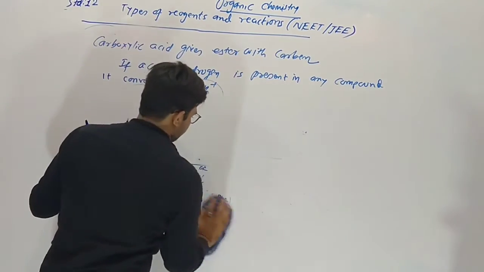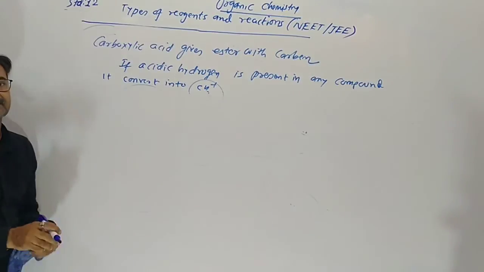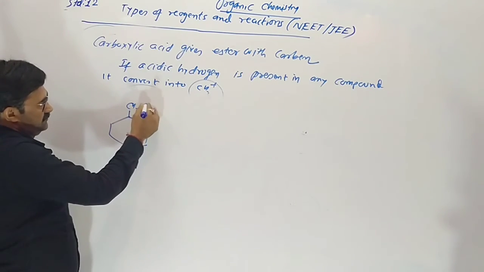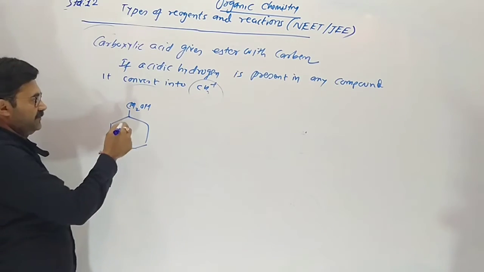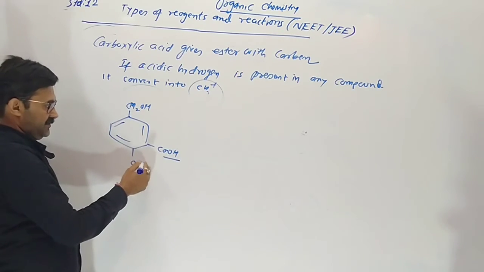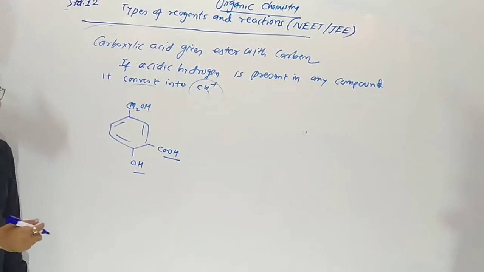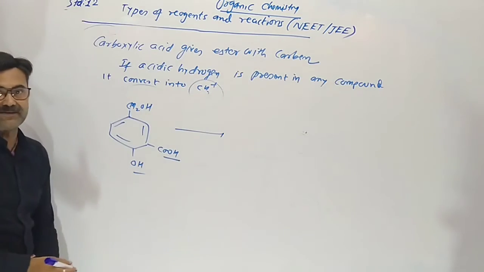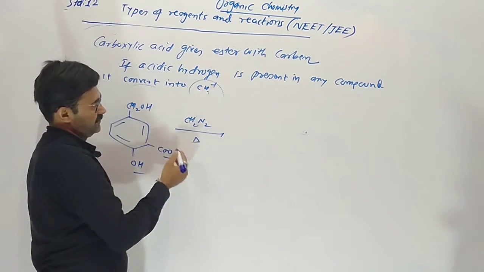Now, one more example I am giving you. Here is CH2OH. This group is alcoholic. Here is COOH, carboxylic acid. This is a phenolic group, OH directly on benzene, which is acidic, less acidic. Now it reacts with diazomethane.